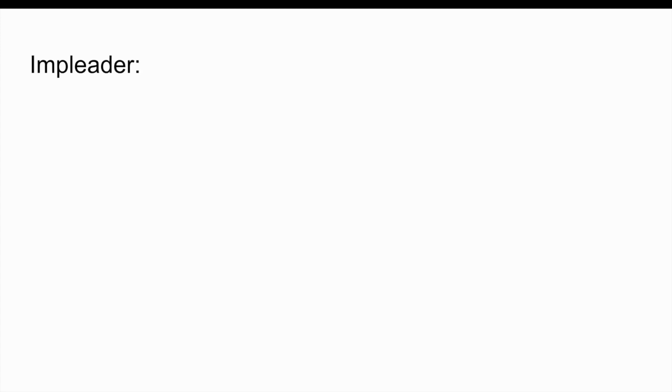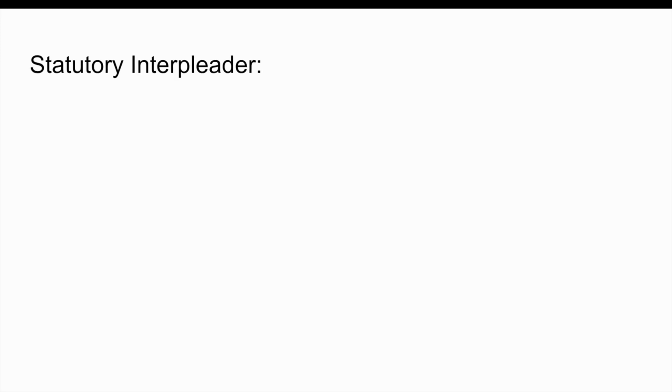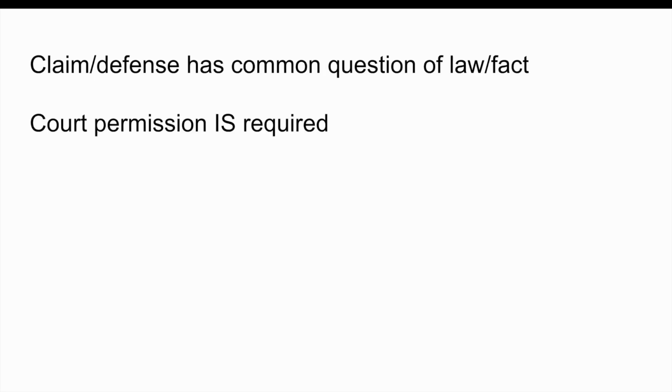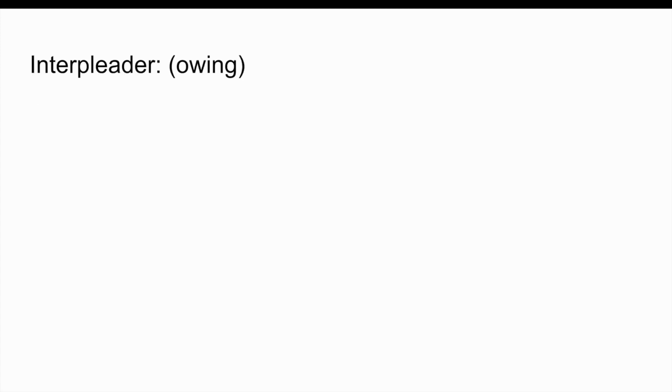Entonces en el interpleader, one party owes something to two or more people, and then that party is essentially going to the court so that the people that he or she owes the money can fight for the money and the court can help. Una parte le debe propiedad o dinero a varias y deja que la corte decida.